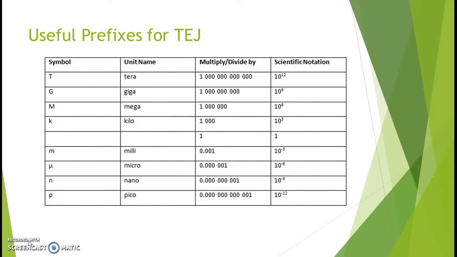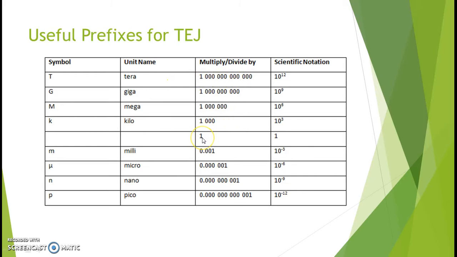And as a basic overview, we have this table that is also reproduced on your worksheet. So these are the prefixes we'll need quite often in our course. For the large numbers, like I said, we have kilo, mega, giga, and tera. And for the small numbers, we have milli, micro, nano, and pico. And if we want to make conversions between these things, it's really pretty simple. If we want to go, for example, from meters to terameters, we need to divide by a 1 with 12 zeros.